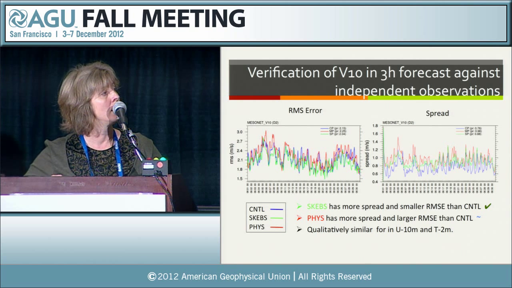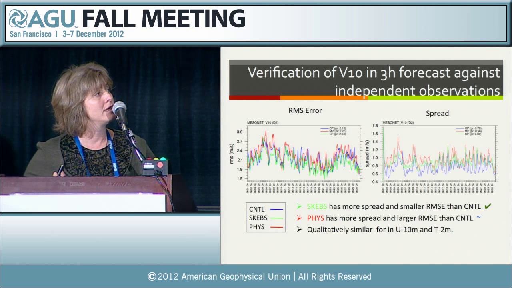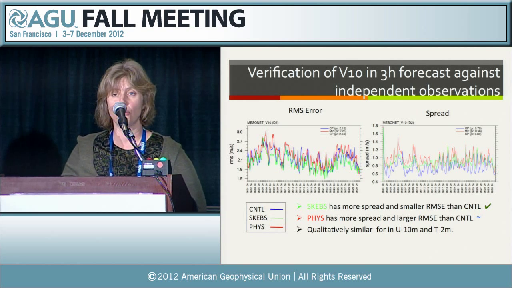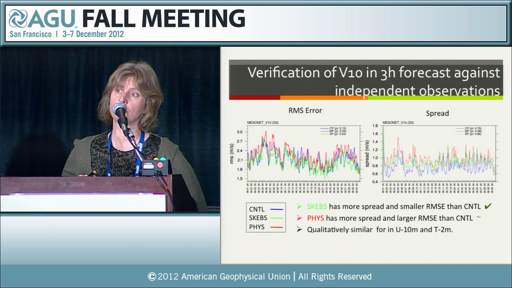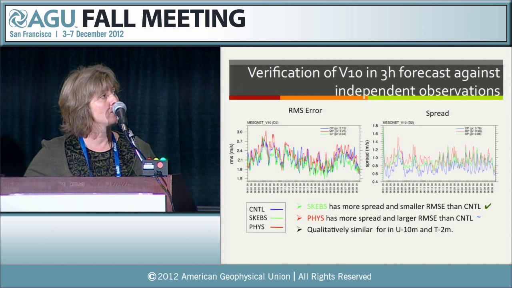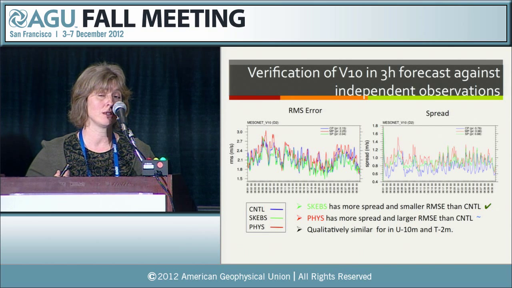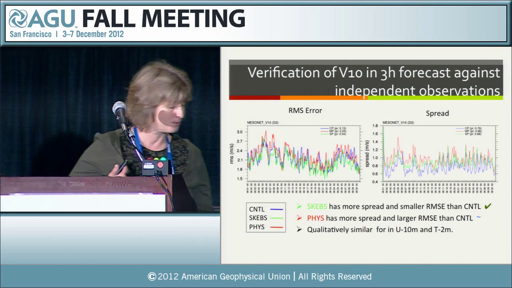That's ideal. The physics scheme for this particular variable has more spread and larger RMSE than the control. In this situation, you don't really know what to do. You can do a Brier skill score to see if you have a more skillful forecast or not. And those results are qualitatively similar for the zonal wind at 10 meters and for temperature.